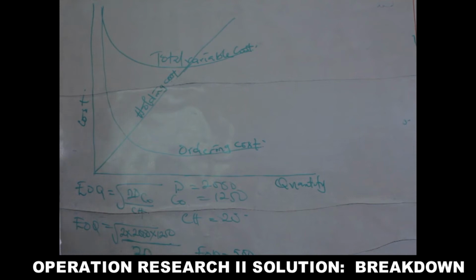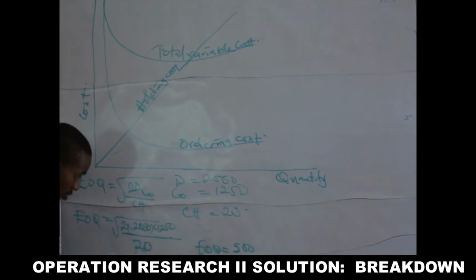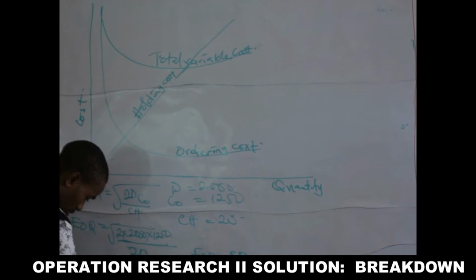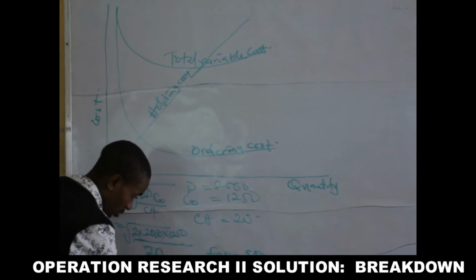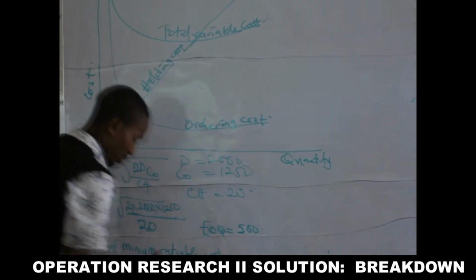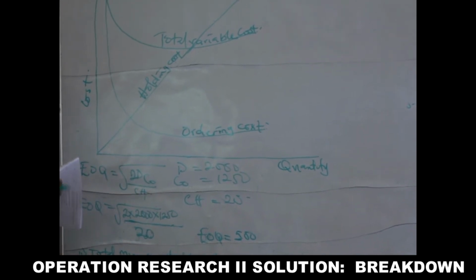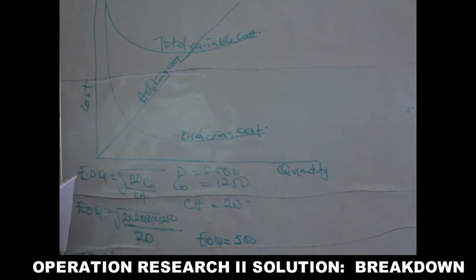Then question 2 says the total minimum variable cost. From your table, the total minimum variable cost is given as what?